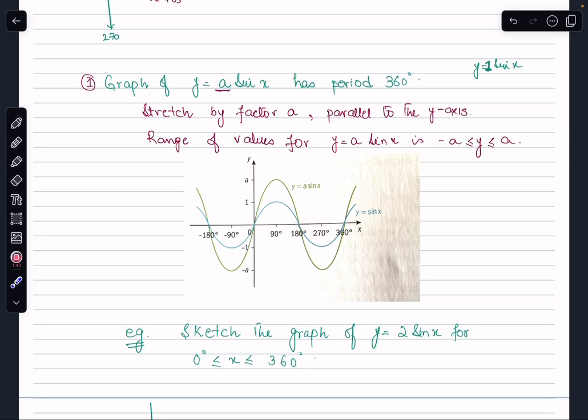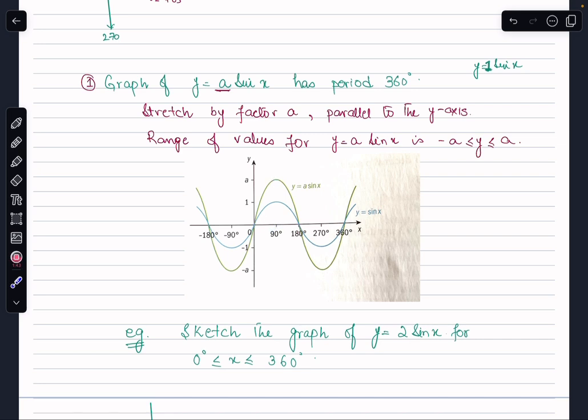Now this means that if we have the basic sine graph, y equals sine of x in blue, then with y equals a sine of x, it's the stretch parallel to the y-axis with the stretch factor a, so that now when sine of 90 was 1, it should be 1 times a.